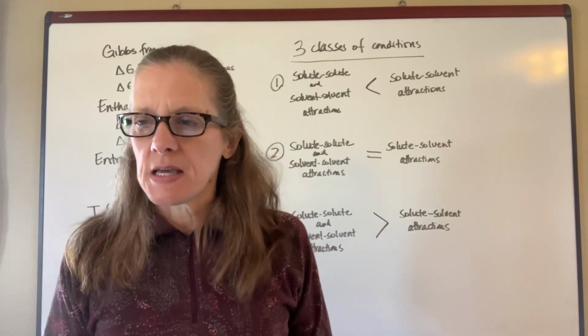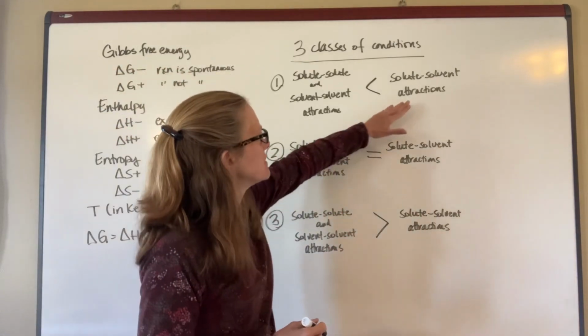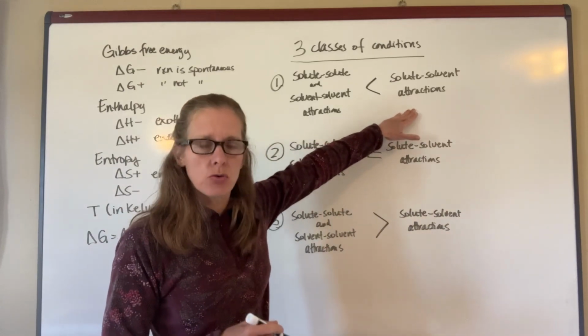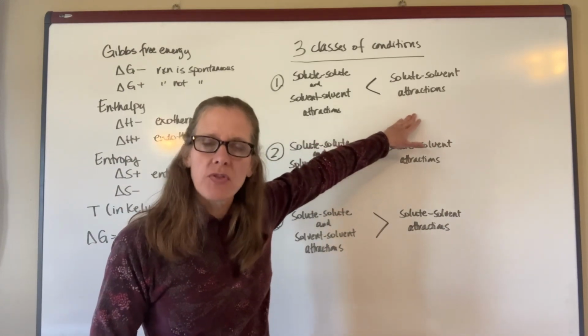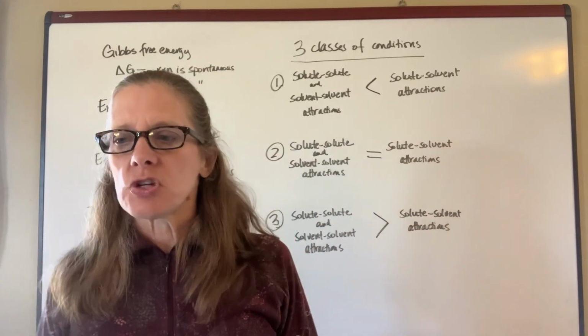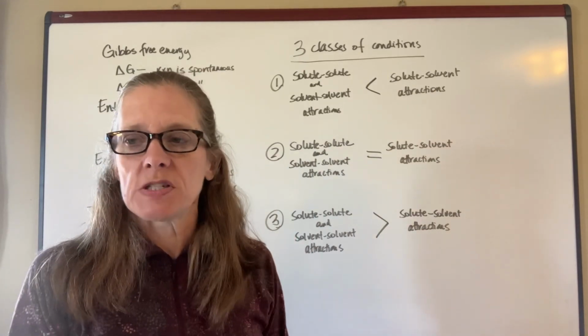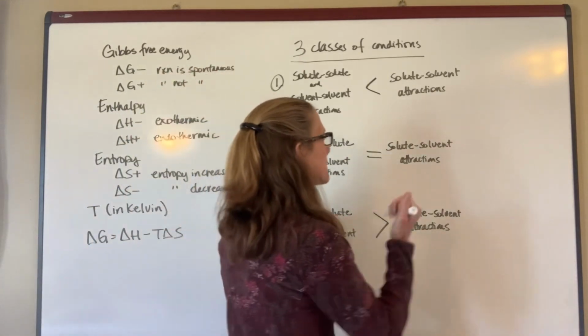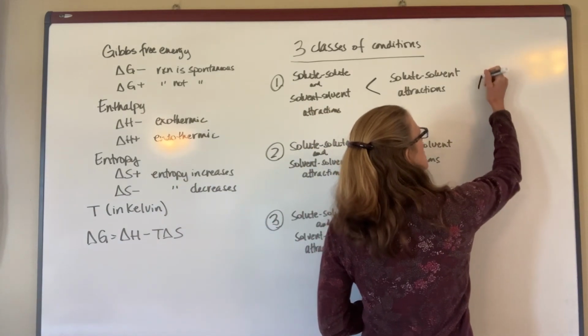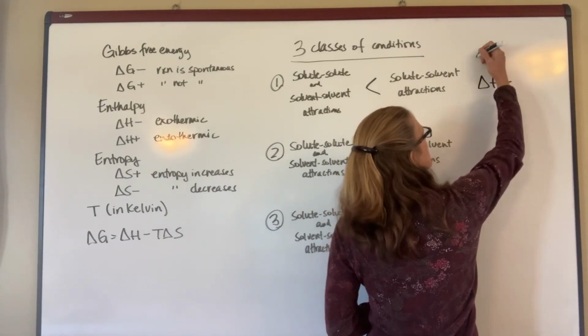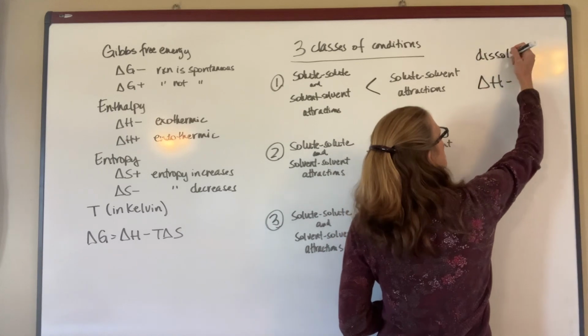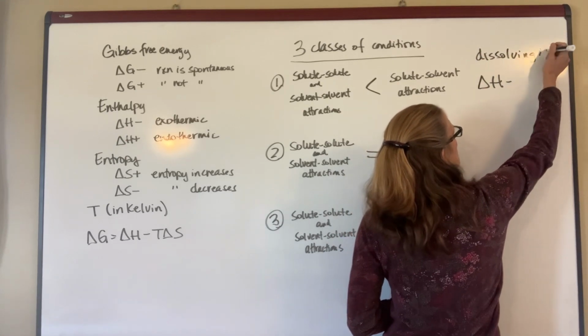What that means then is that because these attractions are greater, we're going to be going from a high energy situation to a low energy situation. And in that case, delta H is going to be negative and dissolving is going to be exothermic.